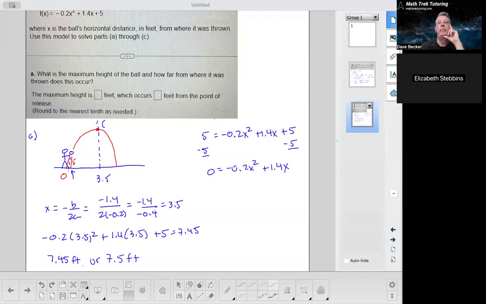I got a decimal point. I got -2.603, and then the second answer I got was 9.603.